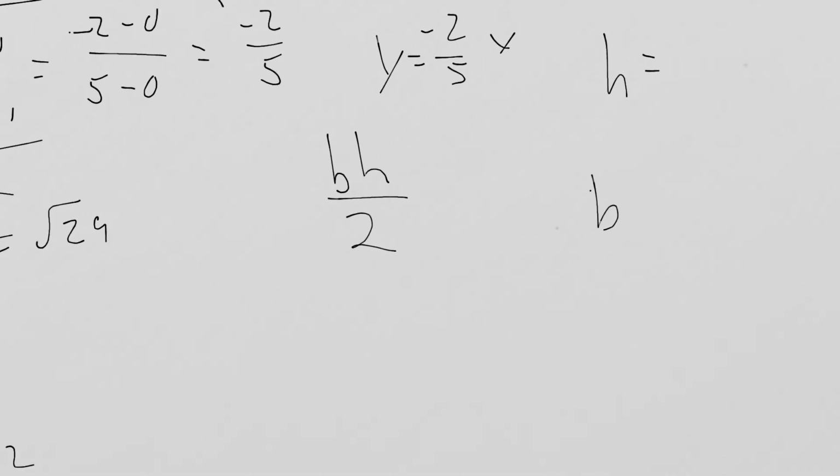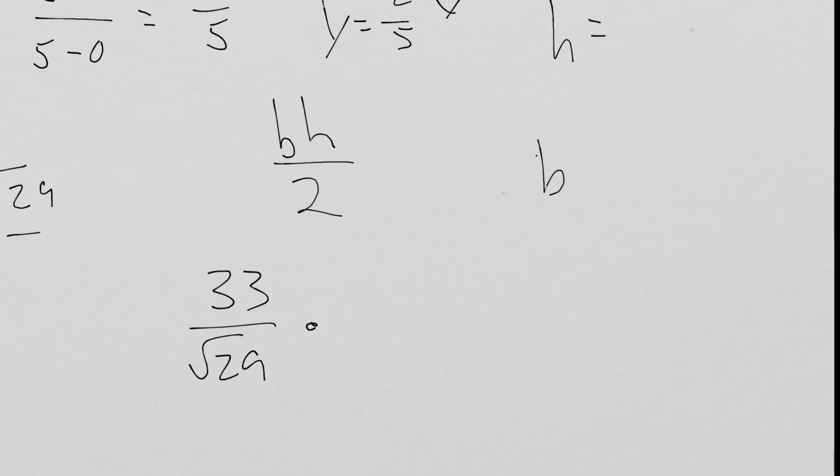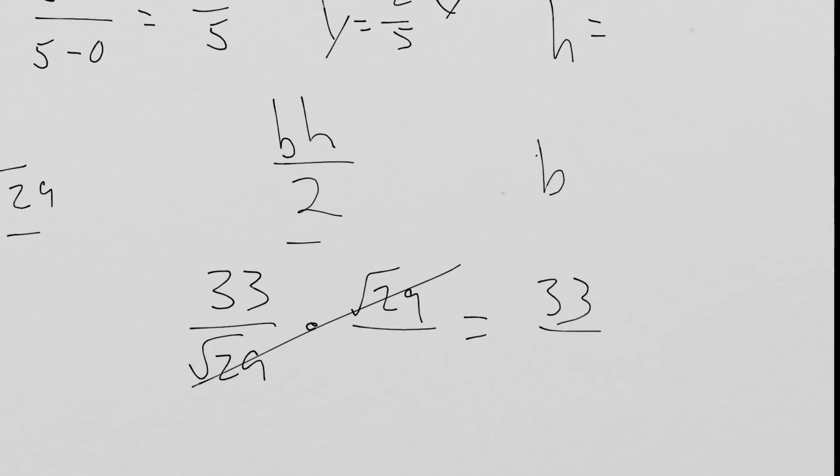Actually, if you went through the math, it's going to be 33 over the square root of 29. If you did it by hand, that's the height. Now we just found the base to be the square root of 29. And then multiply them, you end up with 33, and then divide that by 2, you get your 33 over 2, or 16.5.